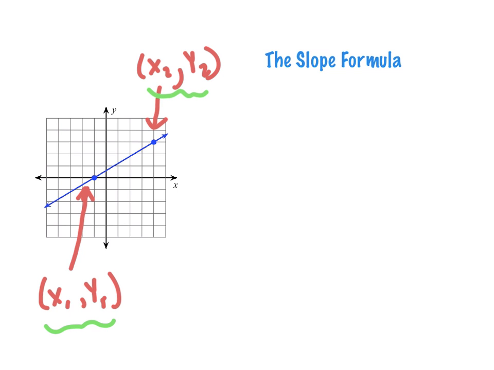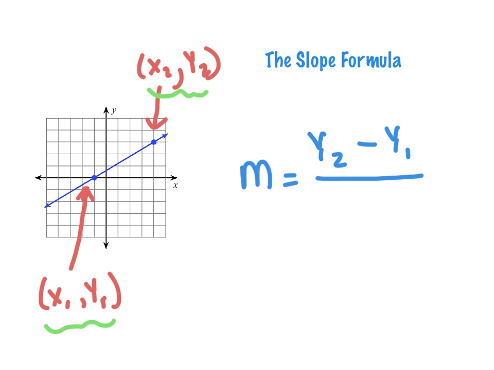And once we do that, we can create our slope formula, because all we'll do is the same sort of math that we did in the last slide. When we wrote that formula out with the subtractions, what we had was m equals the y value from the second point, minus the y value from the first point.